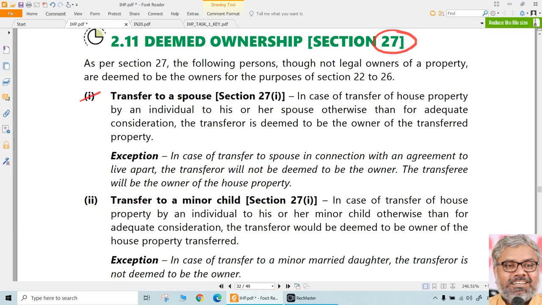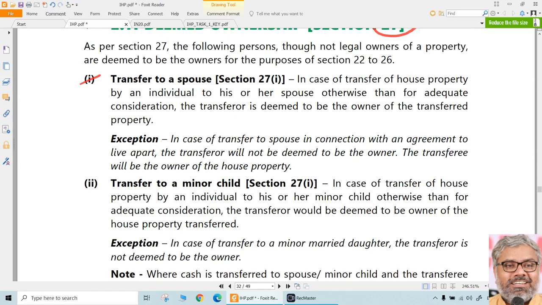First one is transfer to a spouse. If the house property is transferred by an individual to his or her spouse otherwise than for adequate consideration, meaning without adequate consideration, then the transferor is deemed to be the owner of that property. So legally, A may transfer a property to his wife, let us say B. Legally the property is in the name of B, but still in the eyes of law, B is not the owner.